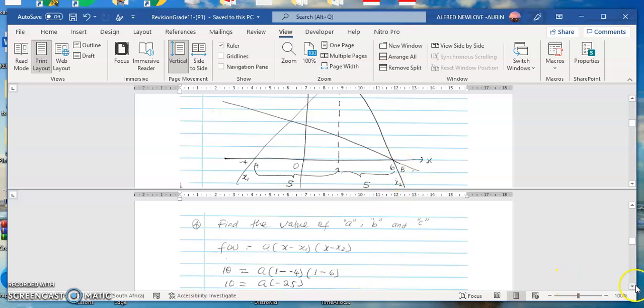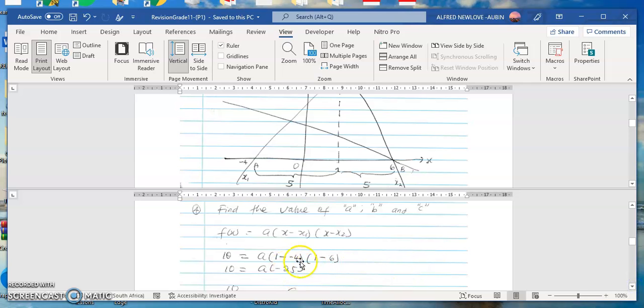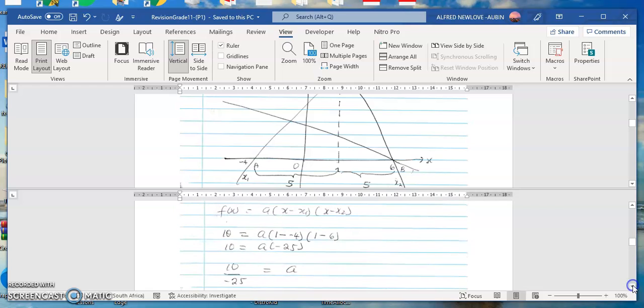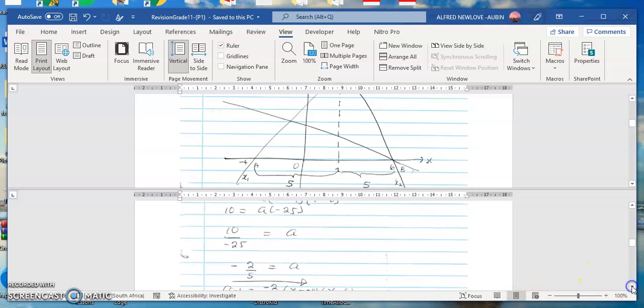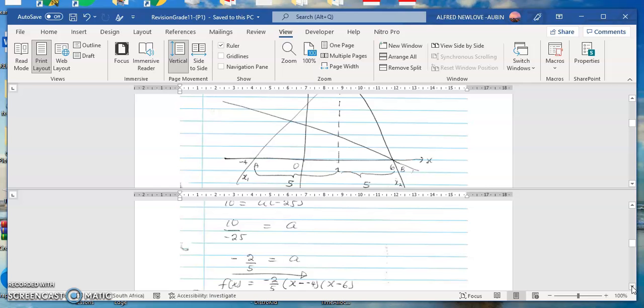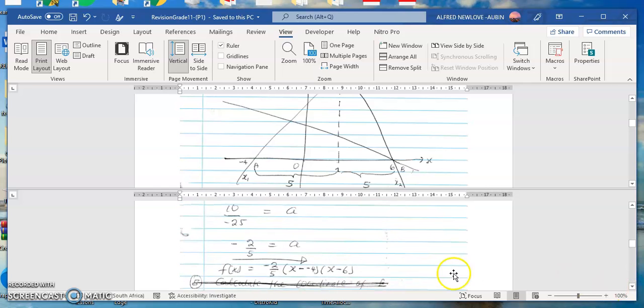Alright, so when you simplify this one, we are going to get negative 25. Then you divide both sides by negative 25, and we are going to get minus 2 over 5. So you have your a.